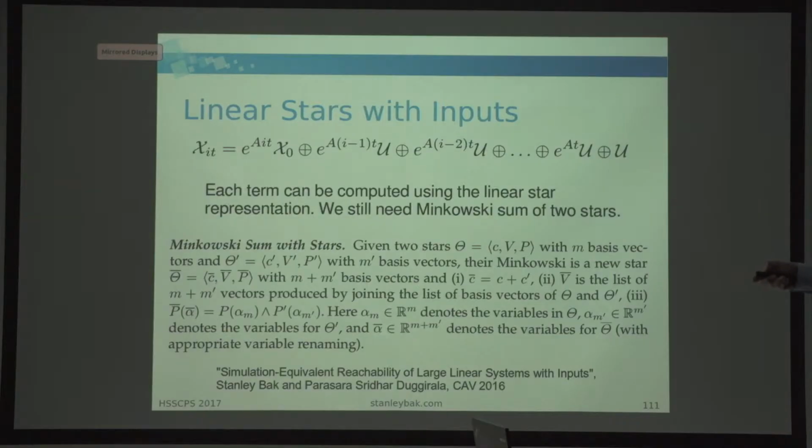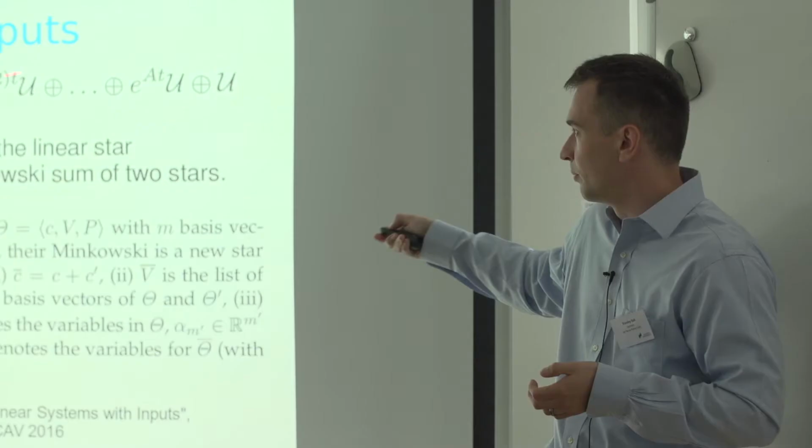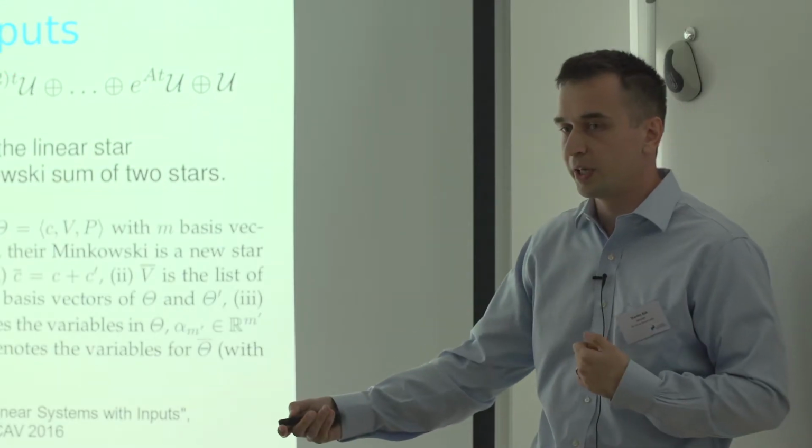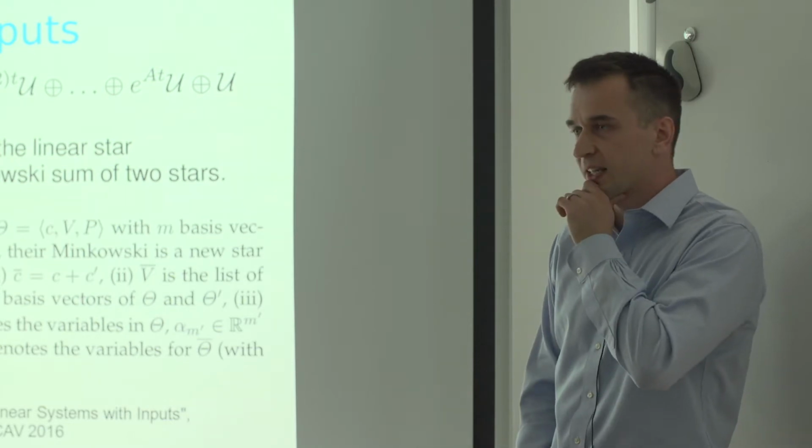So the minimum value of the first variable over the Minkowski sum of a set of states is equal to the minimum over this set plus the minimum over this set plus the minimum over this set, and so on and so on. So you can really just do a minimum over each of the component sets rather than a minimum over the combined set of states.